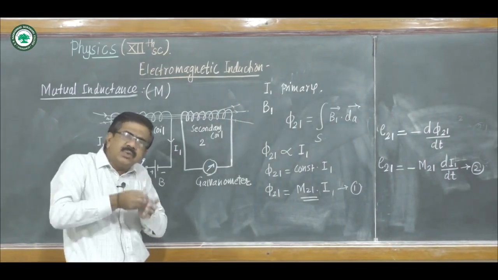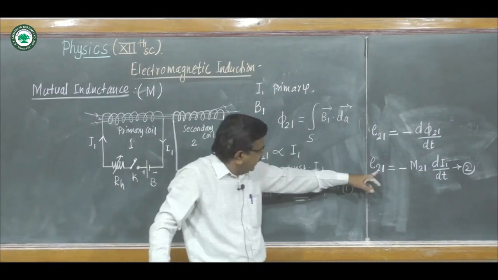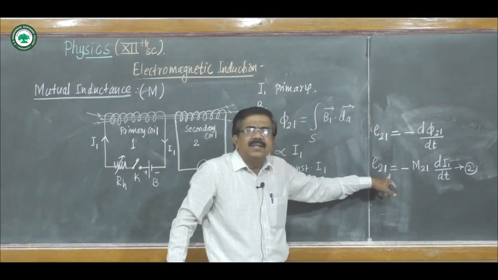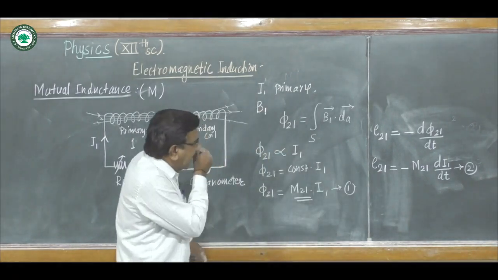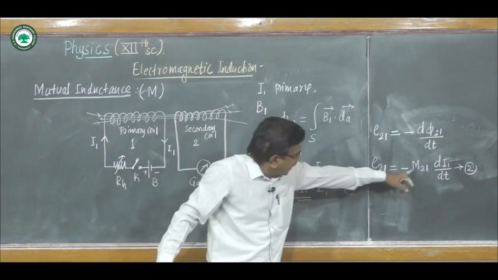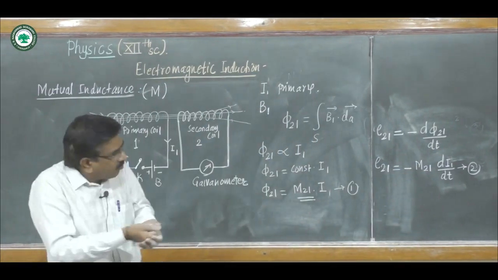This equation 2 is nothing but the EMF induced in the secondary coil due to the primary coil, and M21 is the mutual inductance of the second coil with respect to coil 1.